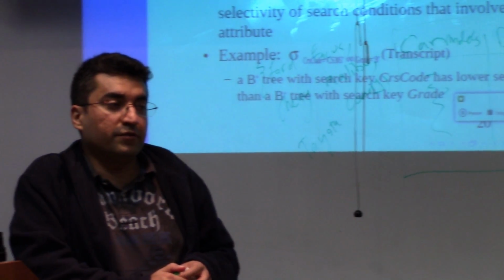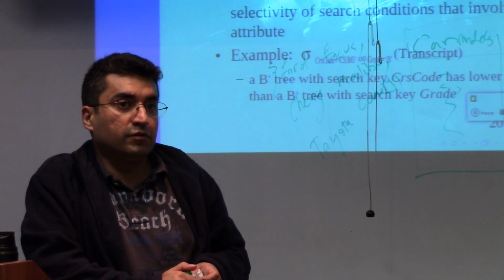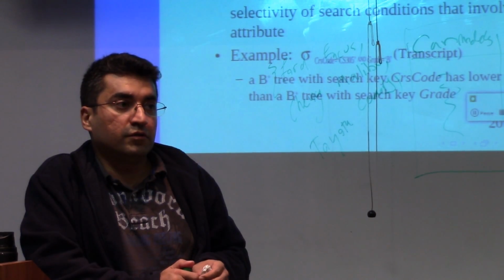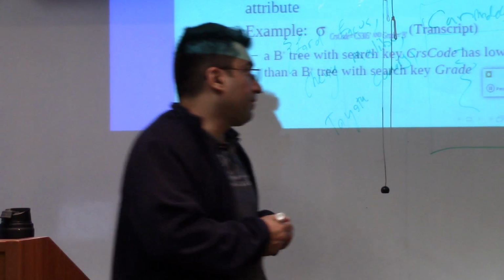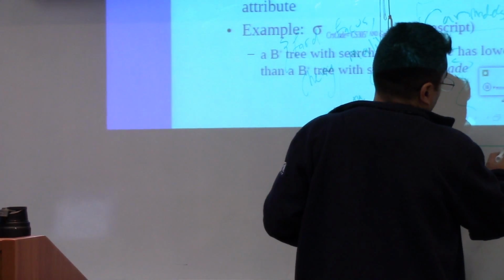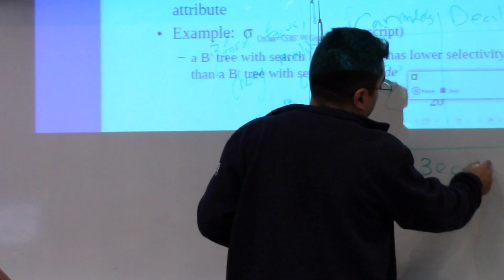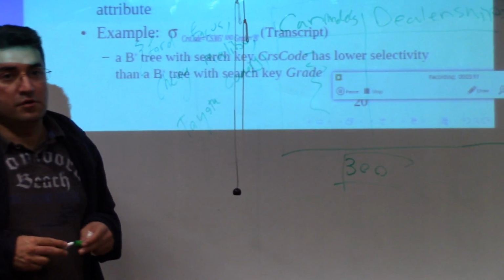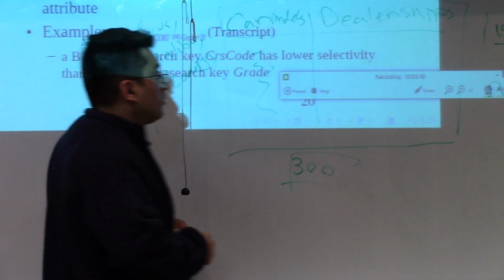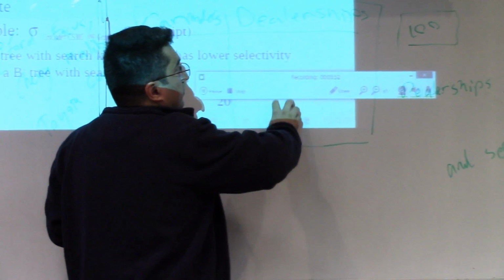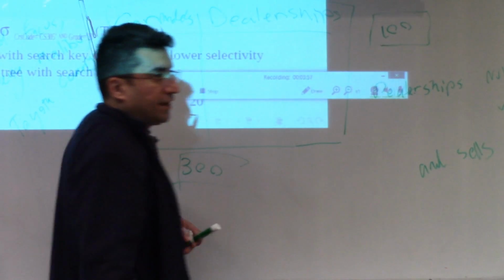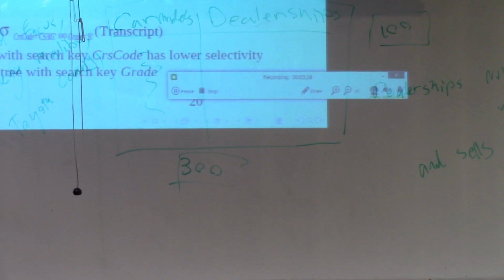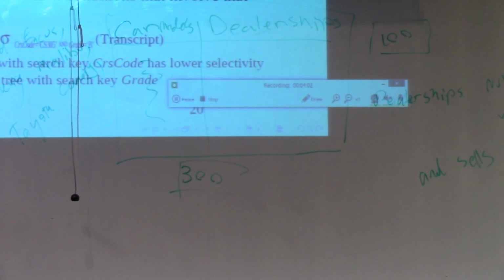Choosing which field is better for you? Suppose that you have 300 rows. Is this field sorted better, or this attribute? Dealerships. Why?